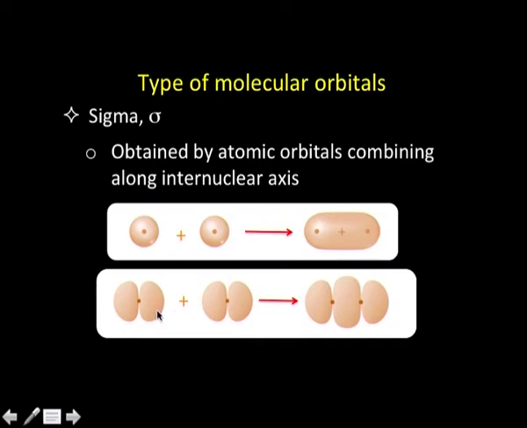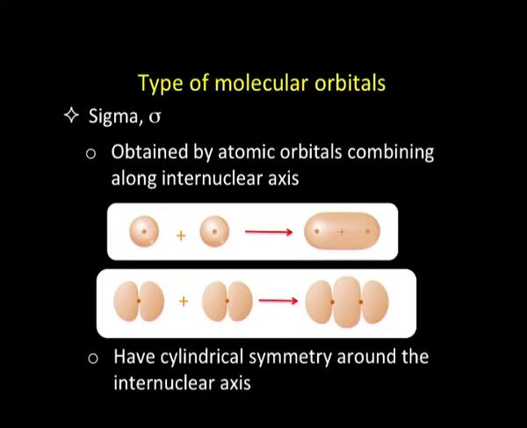Another possibility could be a 2pz orbital of atom 1 and a 2pz orbital of atom 2. The two combine along the internuclear axis and generate this kind of molecular orbital. This also will be called a sigma molecular orbital, because it comes as a consequence of overlapping along the internuclear axis. Typically, all such orbitals will have cylindrical symmetry around the internuclear axis.